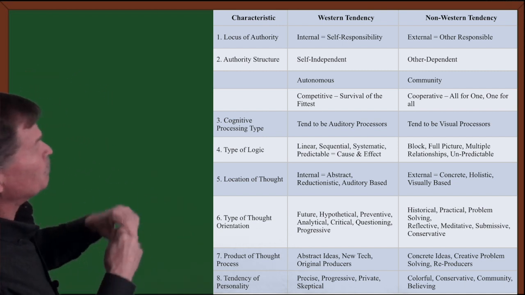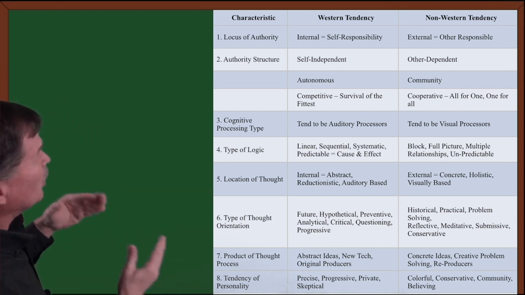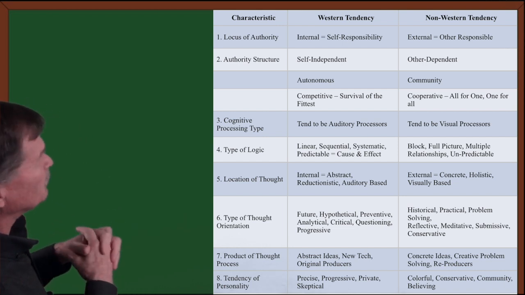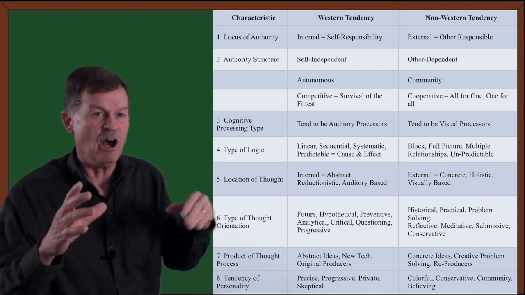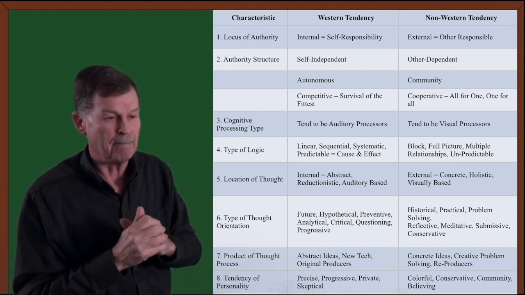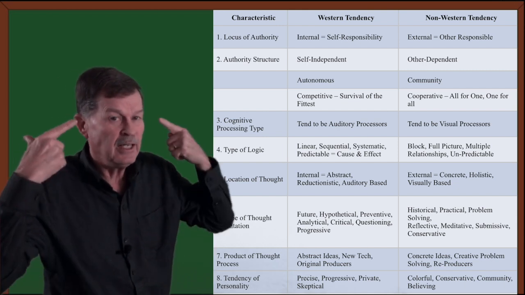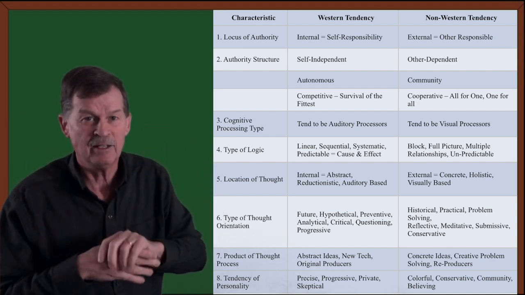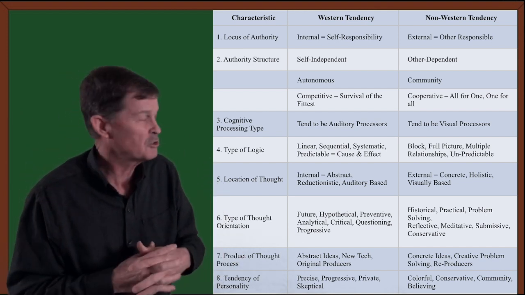So it promotes a linear, systematic, or sequential, predictable type of thinking. So the thought processes that an auditory thinker develops is something that is linear, something that is sequential and systematic. And that very much defines Western thought, Western thinking.